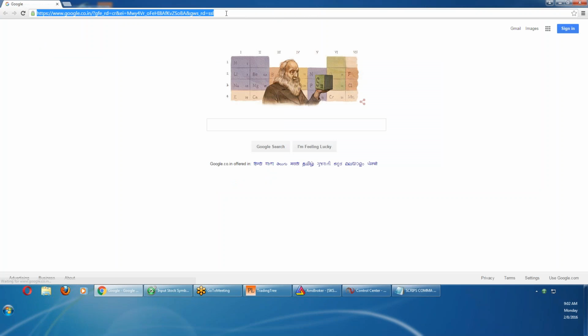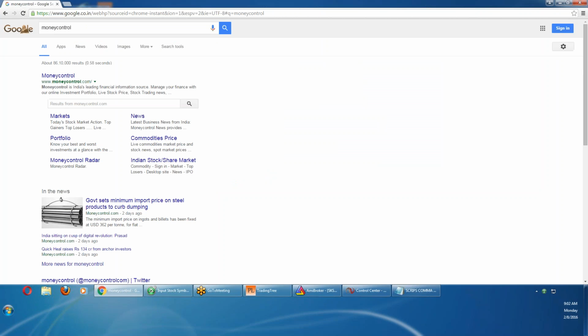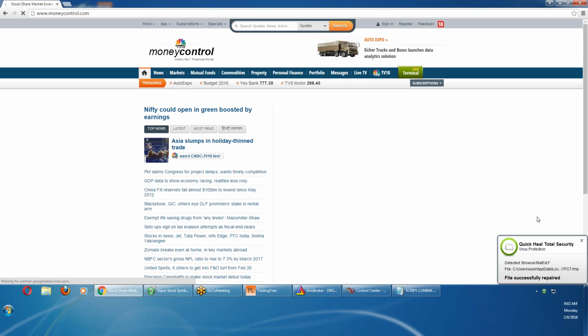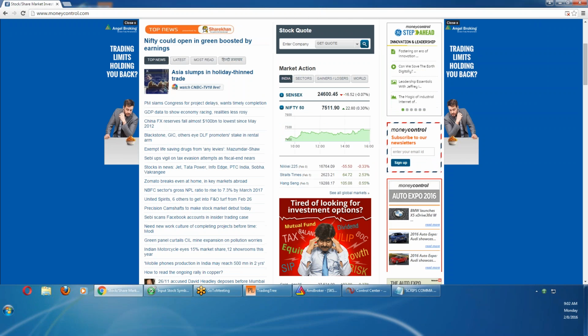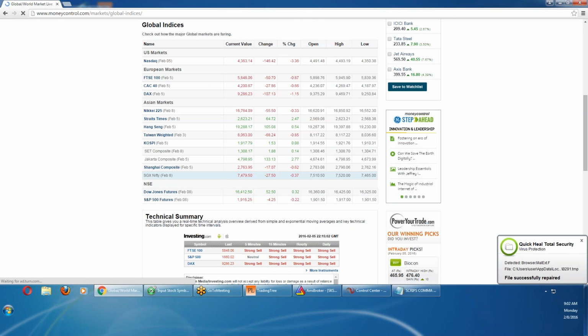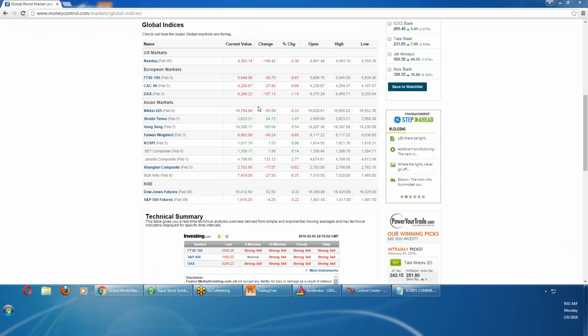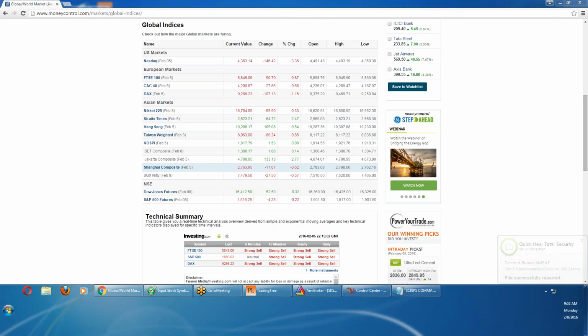Now let's go to Moneycontrol and see what's happening. You can see SGX Nifty is minus 27, and among the Asian markets, Nikkei is negative, Straits Times and Hang Seng are positive, Taiwan is again negative, the Korean market is positive, and Shanghai is again negative.